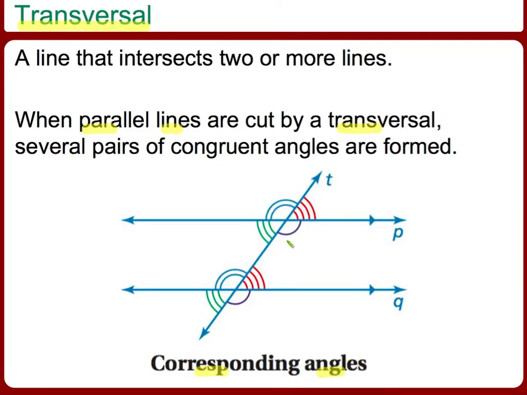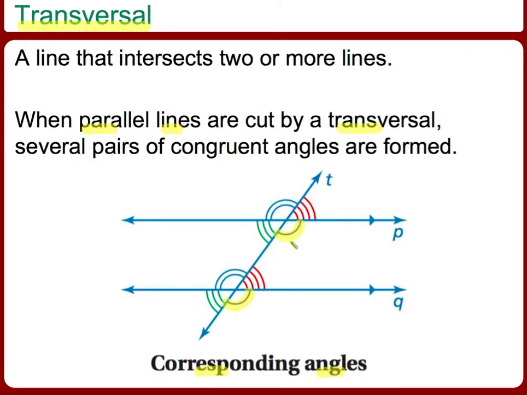So the colored arcs indicate the corresponding angles, and each of these corresponding angles is congruent. So we have the purple single arc. These two angles are congruent because we have two parallel lines P and Q being cut by a transversal T. And when we do that, we create these congruent corresponding angles.